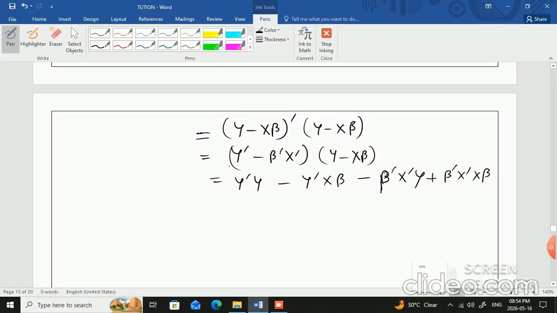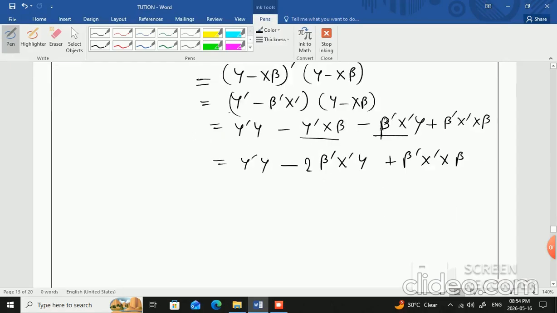The quantity is the same. If we transpose one we get the other, so the value of these is the same. So adding these values we get y dash y minus 2 beta dash X dash y plus beta dash X dash X beta.